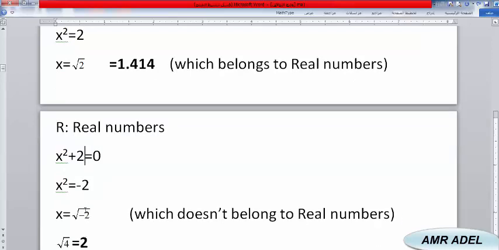Oh, something new. If we look at the real numbers or integers or natural numbers previously, we can't find something like this: the square root of minus or negative numbers.